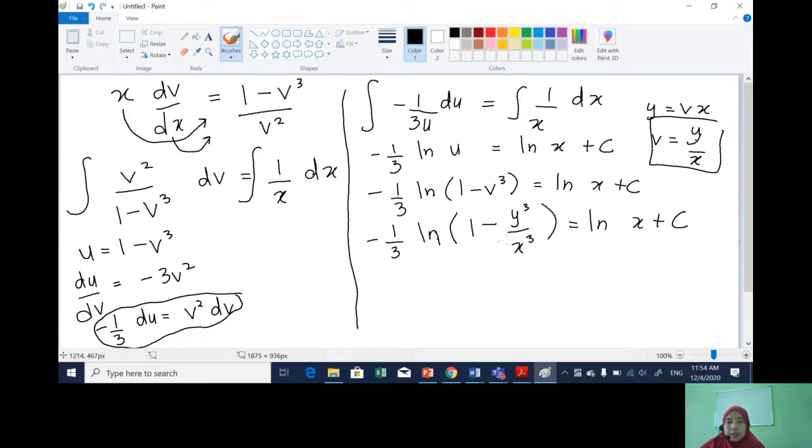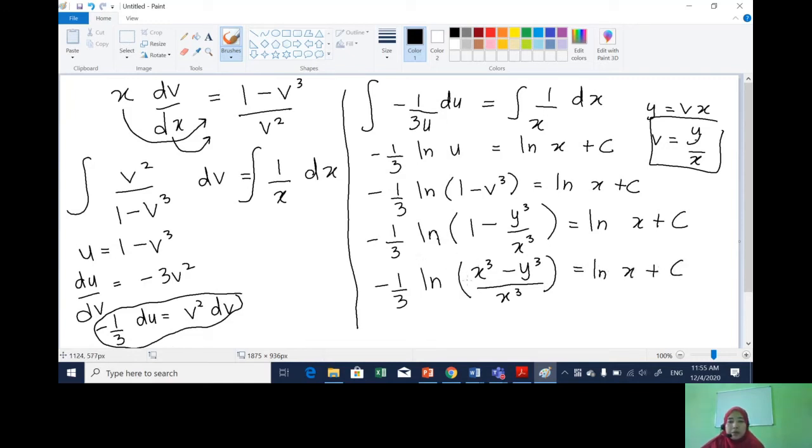Okay, so let's combine. This looks like two different fractions, so if we can combine them, we can write it like this: ln of (x to the power of 3 minus y to the power of 3) over x to the power of 3, equal to ln x plus c.